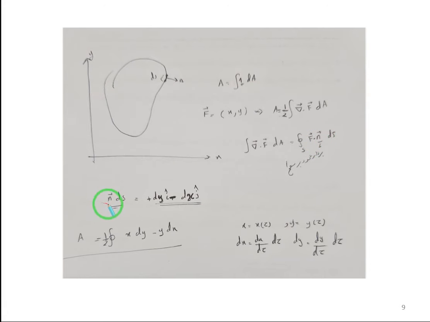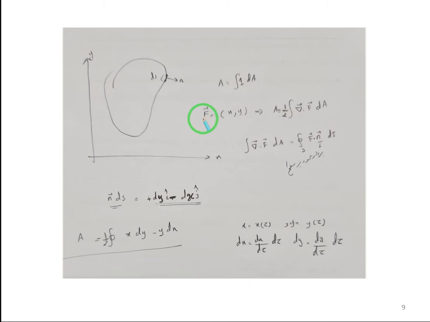We can show that n ds equals dy i hat minus dx j hat. And if we have F as follows, where the first term of F is x and the second term of F is y, we can show that the divergence of F equals 2, and we can say that the area equals 1/2 of the integral of the divergence of F dA.